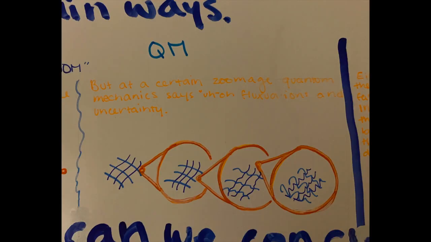What quantum mechanics says is that once you zoom in a certain distance, fluctuations and uncertainty occur. As you can see here with my squiggly lines, energies change really quickly and particles borrow energy from space-time and create antiparticles and explode and create new ones all the time as you zoom in further and further.